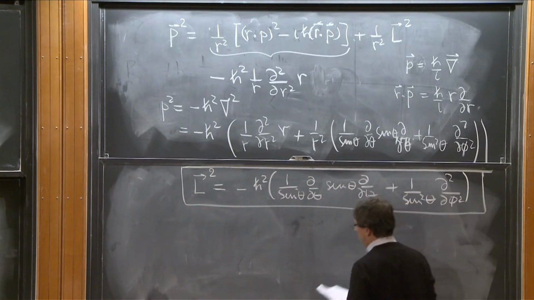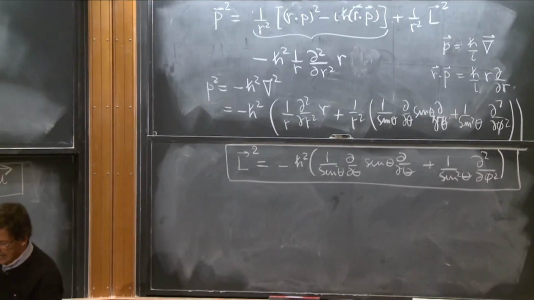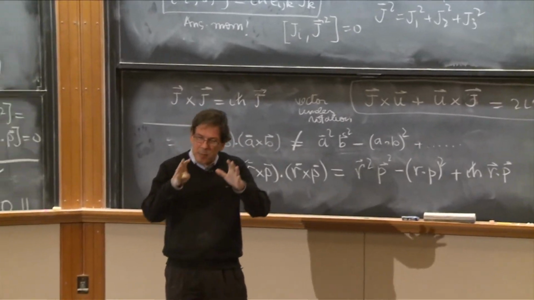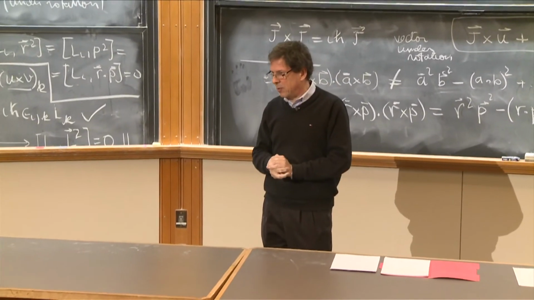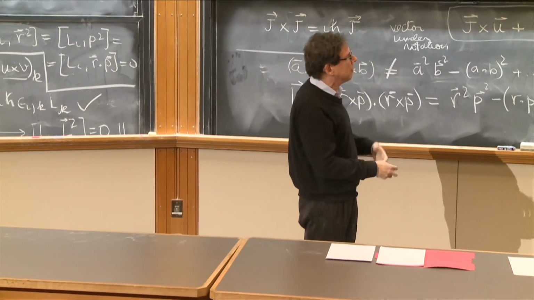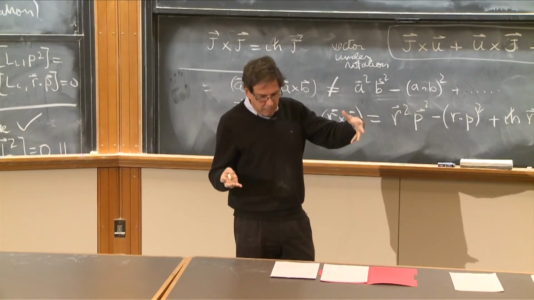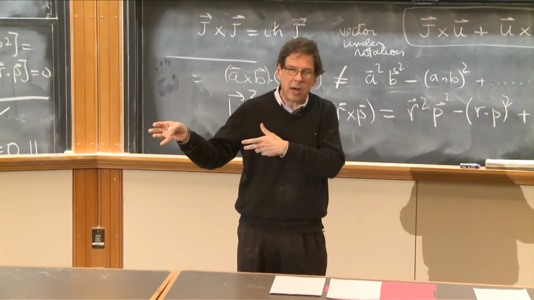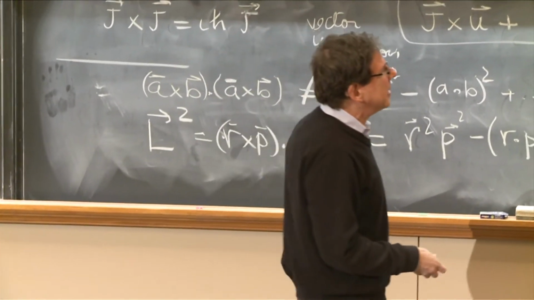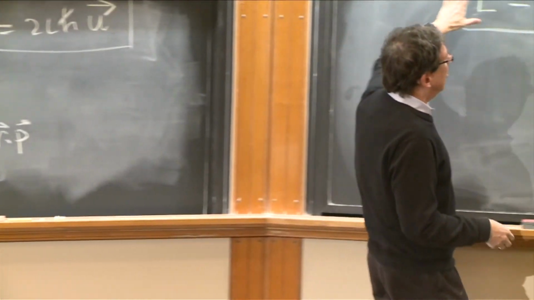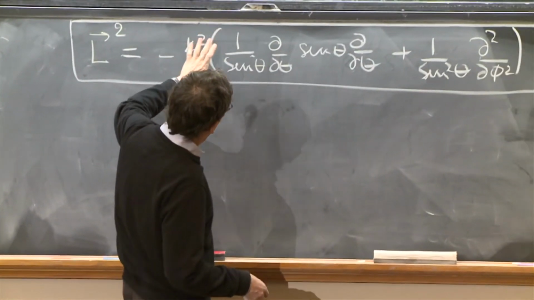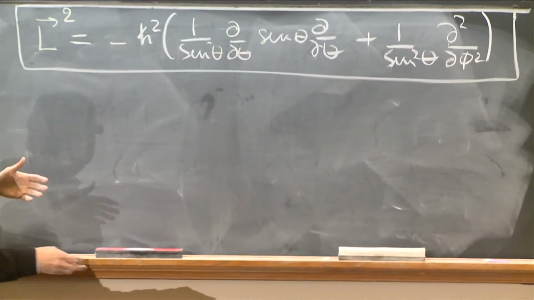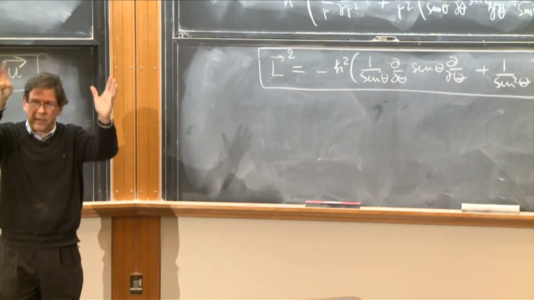So in terms of functions of three variables x, y, and z, L squared, which is a very complicated object, has become just a function of the angular variables. And that is a very important intuitive fact. L is the operator of rotation, so it shouldn't change r in any way. So it's a nice thing to confirm that this operator can be thought of as acting on the angular variables, or on functions on the unit sphere, for example.